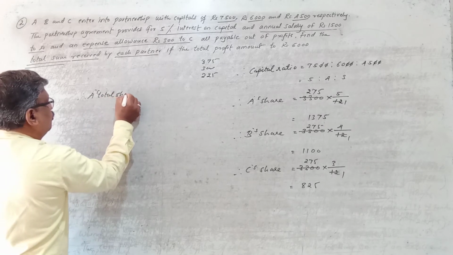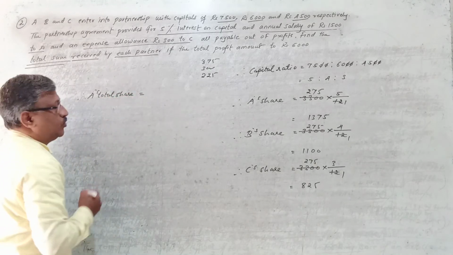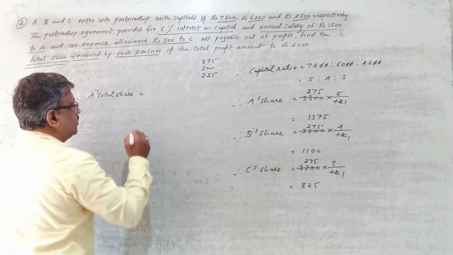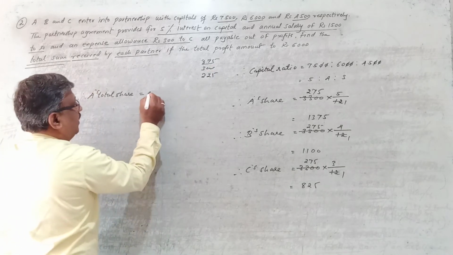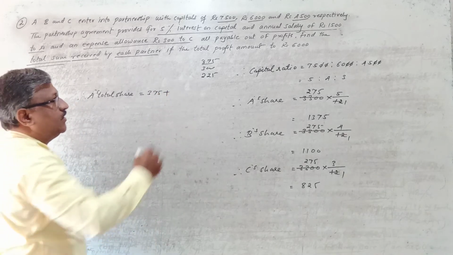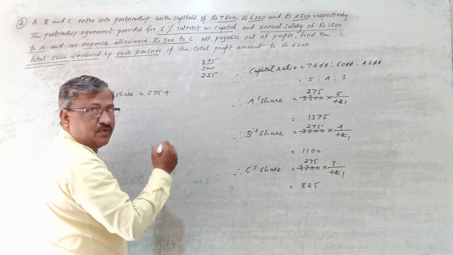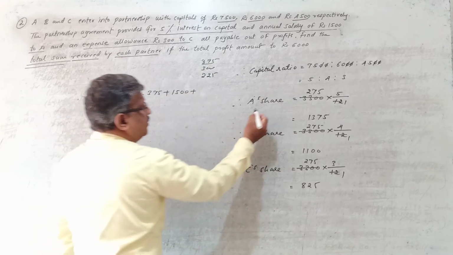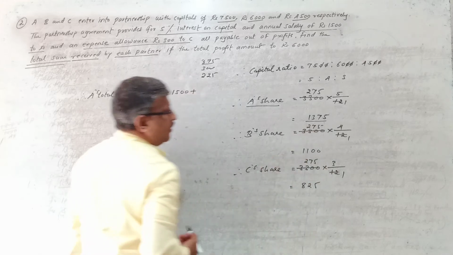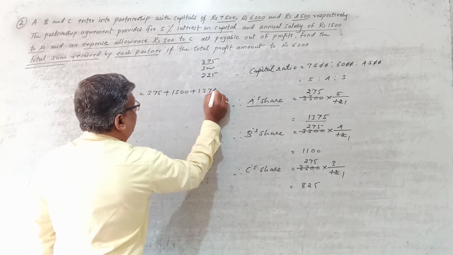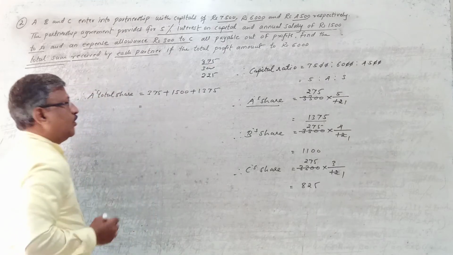total share. A's total share is equal to, as I said, interest on his capital, 375 rupees, plus he is getting a salary of rupees 1,500, plus he is getting a share out of balance profit, 1,375 rupees.